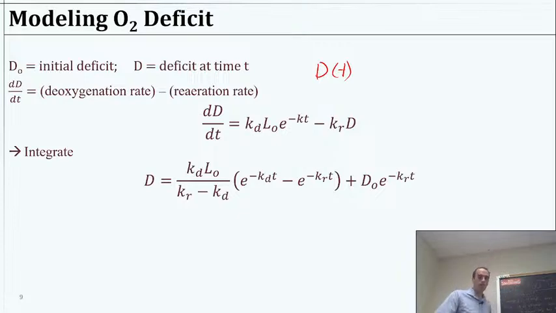Fortunately, it's all laid out in pieces that we should know something about, right? We should be able to find this initial deficit, or perhaps it's close enough to no deficit that we could say it's 0 and get rid of that whole term. We know how to find kr.